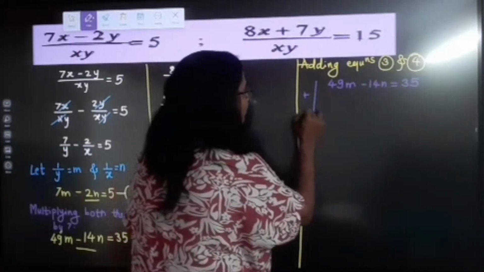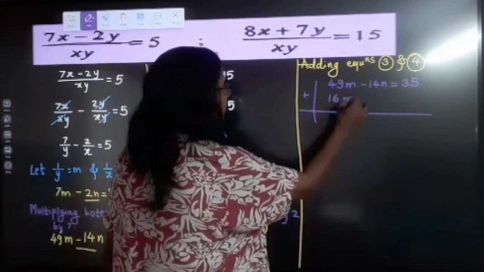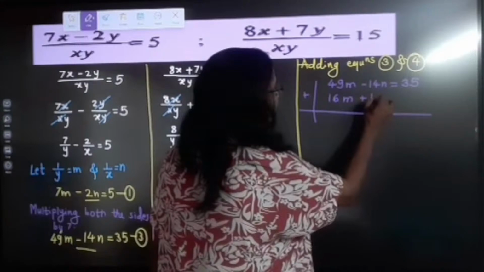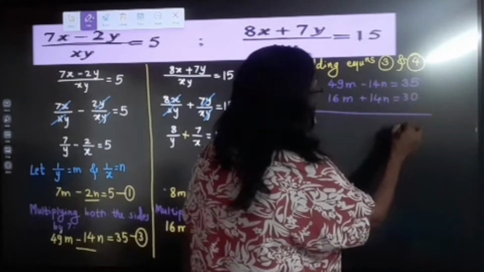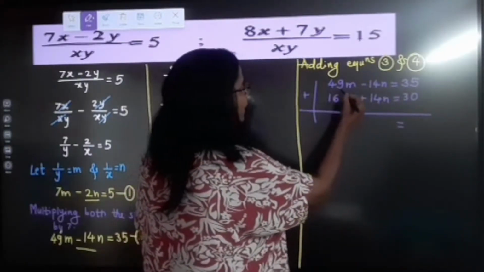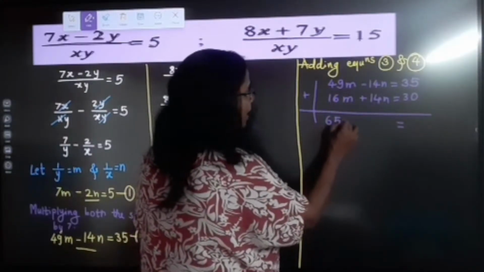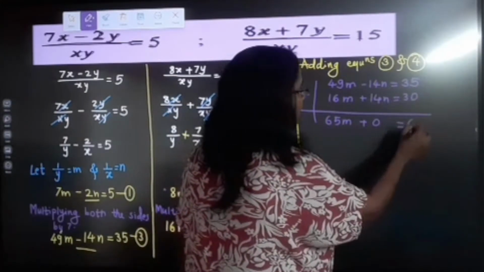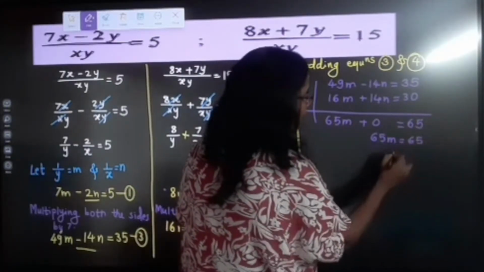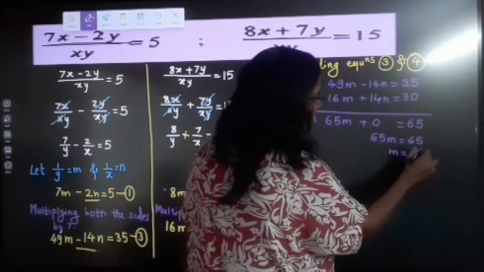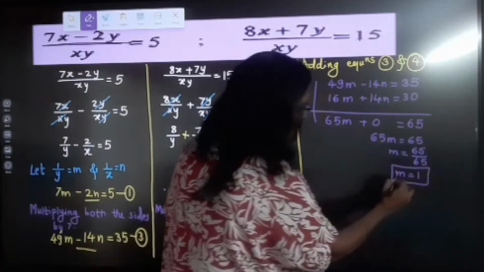And then the next one, 16m plus 14n is equal to 30. So 49 plus 16, that means 65m, the n terms cancel, and 35 plus 30 is 65. So 65m is equal to 65, and 65 upon 65 means m is equal to 1.